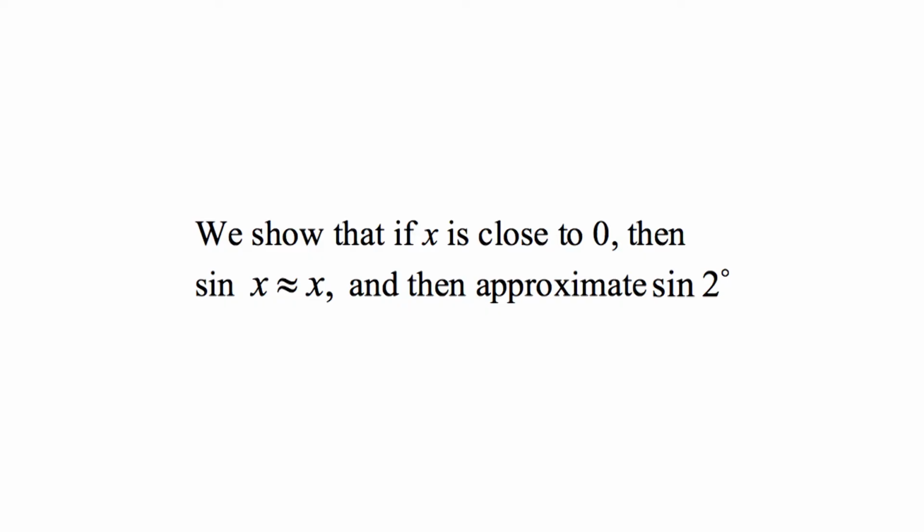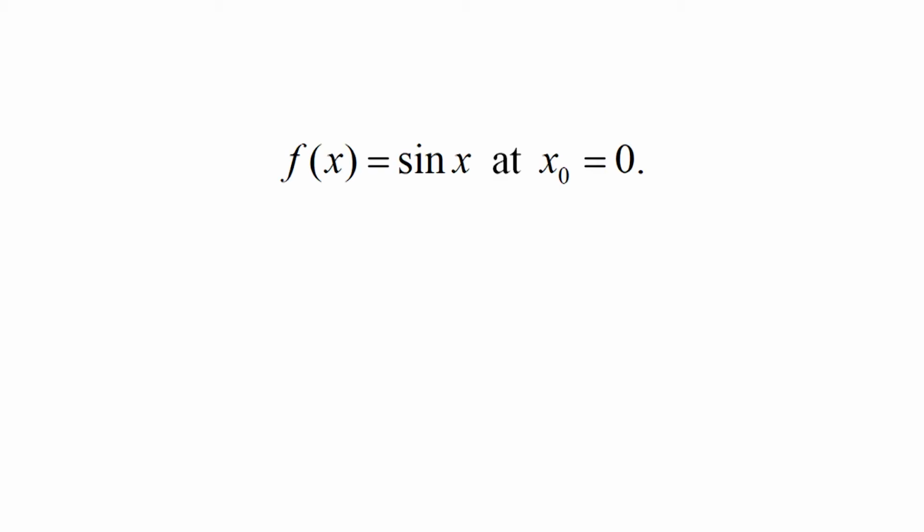We show that if x is close to 0, then sin x is approximately equal to x and then approximate sin 2 degree. Since we are interested in approximating sin x for values of x very close to 0, we compute the local linear approximation of f of x is equal to sin x at x naught is equal to 0.